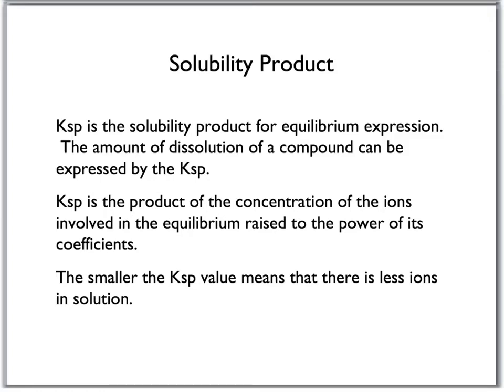The KSP is the product of the concentration of the ions involved in the equilibrium raised to the power of their coefficients. It's very similar to what we've been doing for equilibrium expressions for acid-base, or anything else we've been working on. We'll go over a couple of these in the next slide. The smaller the KSP value, the less soluble the compound, because there are fewer ions in solution.